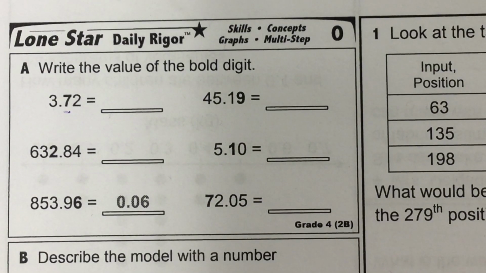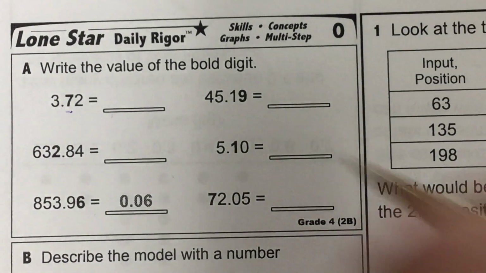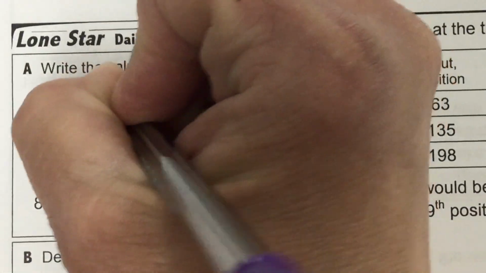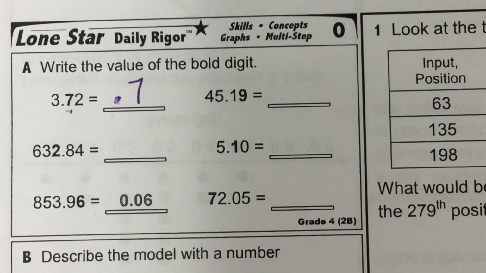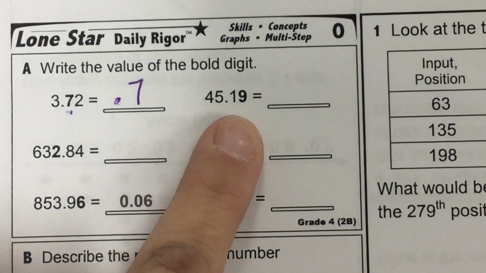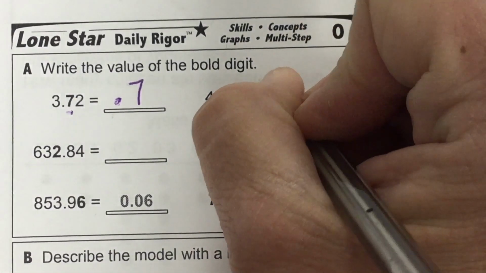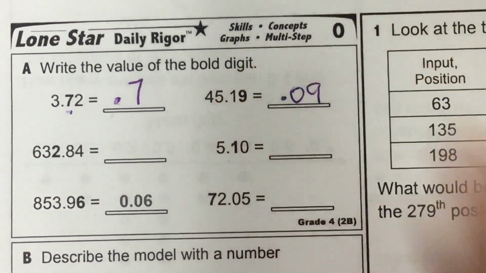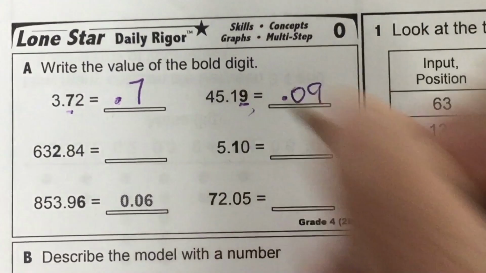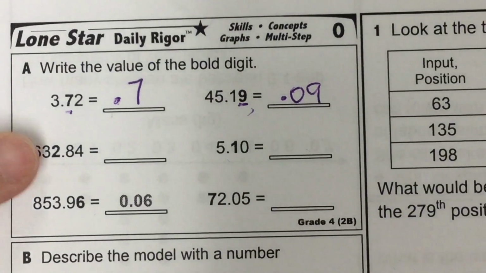Okay, if you're writing the value, you're telling me how much it is worth. So this 7 is worth 7/10. Okay, what's the value of the 9? 9 hundredths, because it is in the hundredths place. Okay, what's the value of the 2?